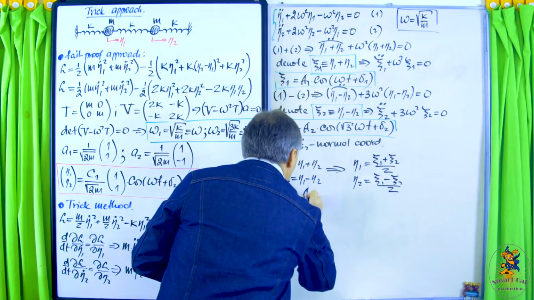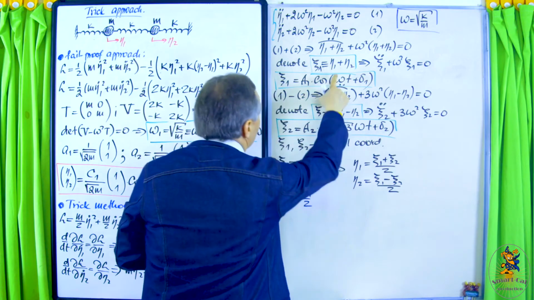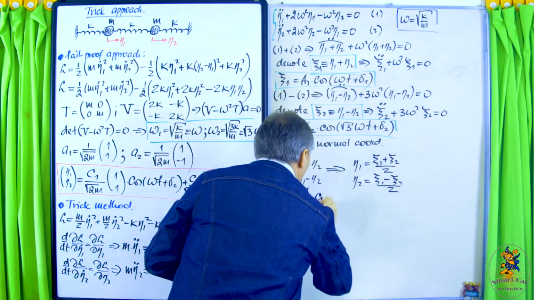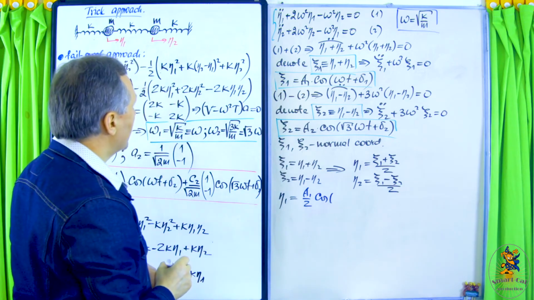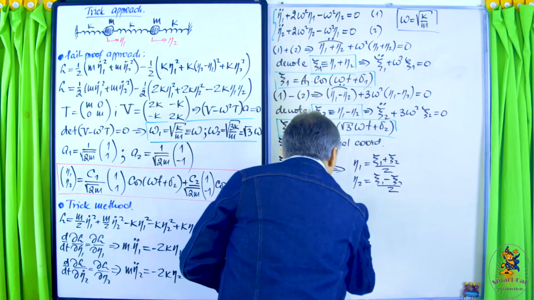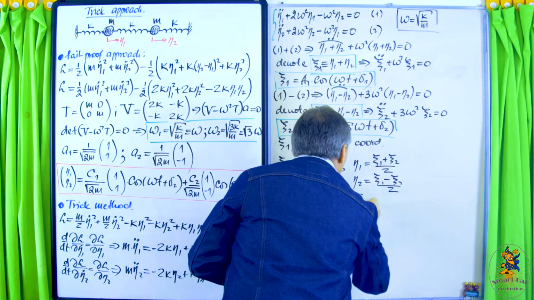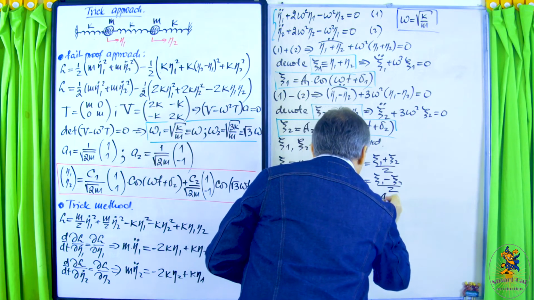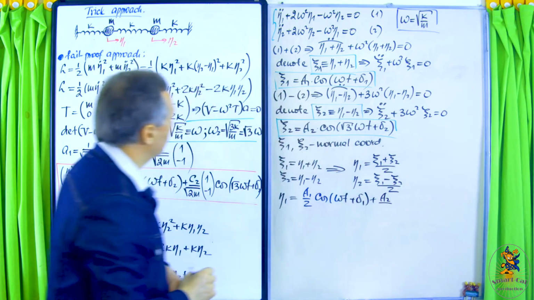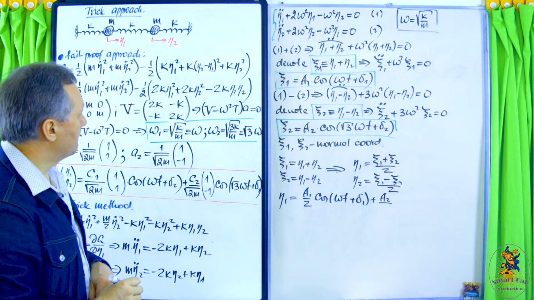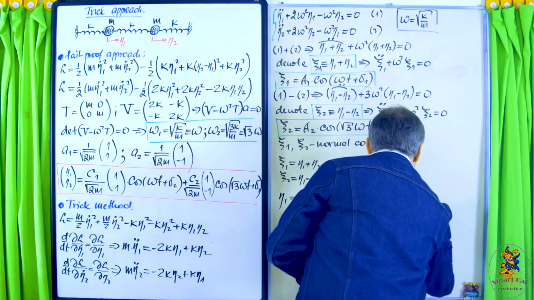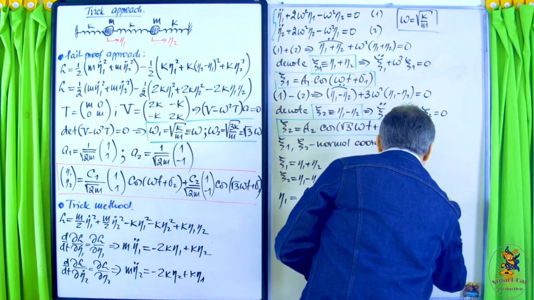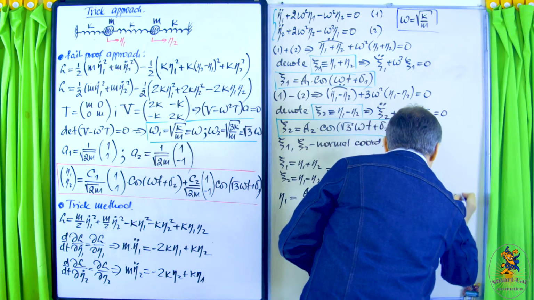So it will be a1 divided by 2 times cosine of omega t plus delta 1, and plus a2 divided by 2 times cosine of square root of 3 omega t plus delta 2.